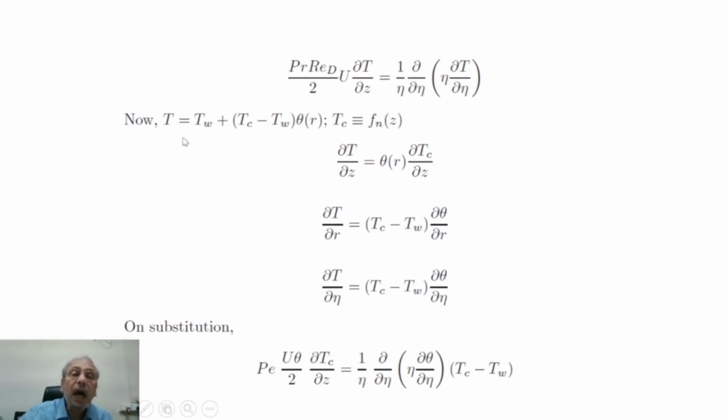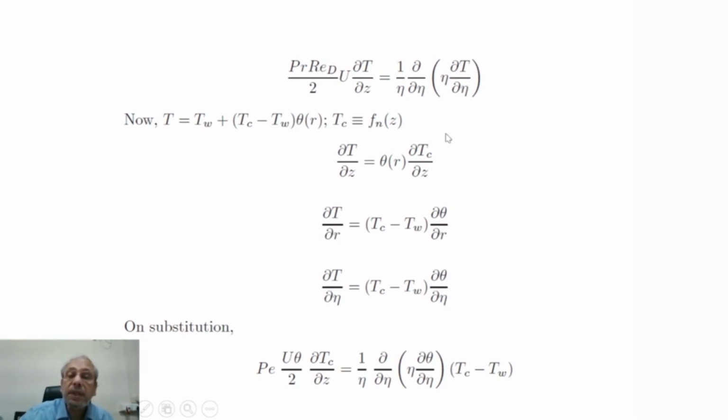Del T del R, we can straight away get Tc minus Tw del theta del R, and del T del eta is Tc minus Tw del theta del eta.